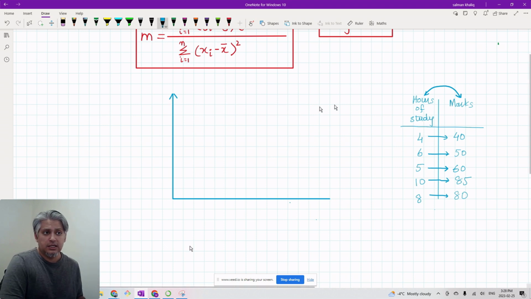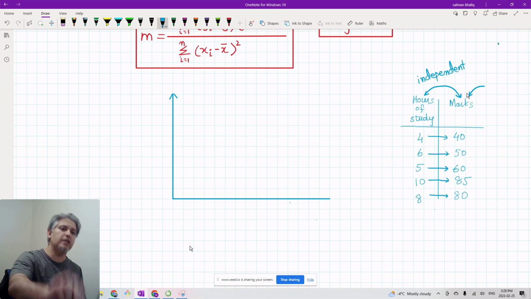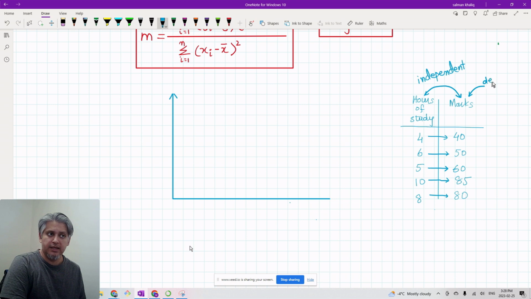For that purpose, you can think that this is hours of study, which means time does not depend on anything. Time does not stop for anyone. So time here should be the independent quantity, whereas marks are dependent on how much time you put in preparation for the exam. So this should be your dependent quantity.